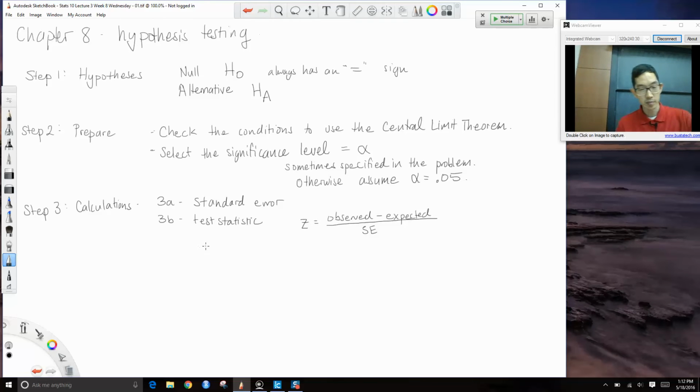So that's calculate your test statistic, and then finally convert the test statistic into a p-value. You use the test statistic to get a p-value.